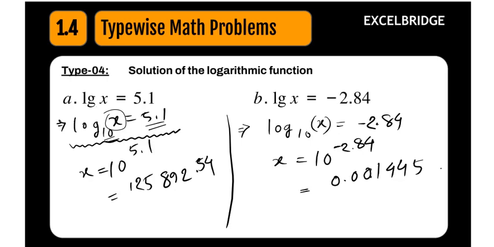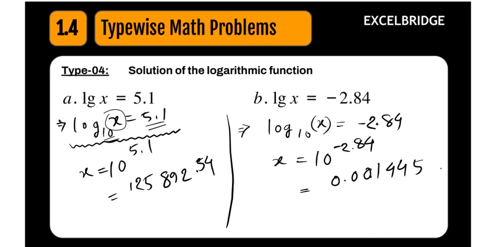Okay, so that's all from the first topic, the introduction and the basics of logarithms and exponentials. We have discussed the fundamentals of exponentials, some examples, the relation between exponentials and logarithms, and finally we have solved some type-wise mathematical problems related to exponentials and logarithms.